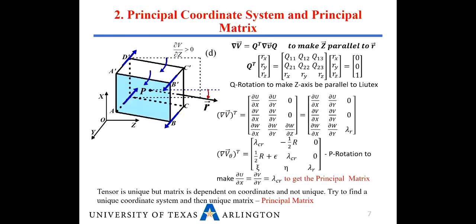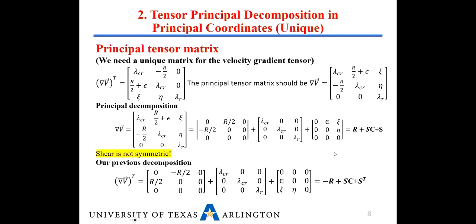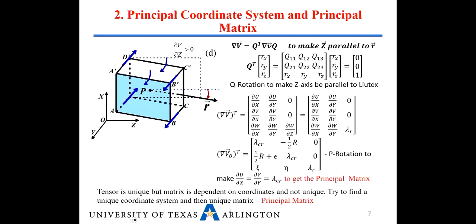No, that's wrong, that's misleading, not P rotation, it should be Q rotation. I cannot check now, I must come back. So the Q rotation just makes the diagonal elements equal to each other.